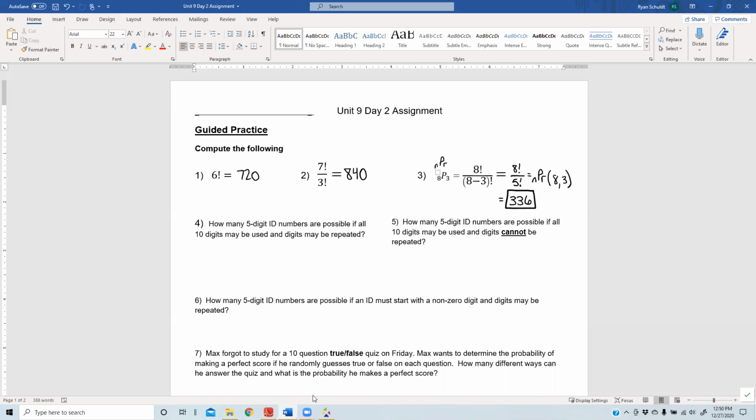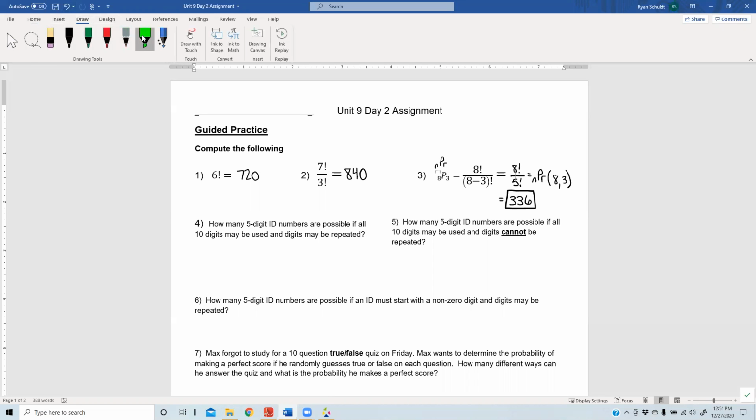Okay, number 4. How many 5-digit ID numbers are possible if all 10 digits may be used? So we can pick from all 10 normal numbers, and digits may be repeated. Okay, so how many digits are in our ID number?